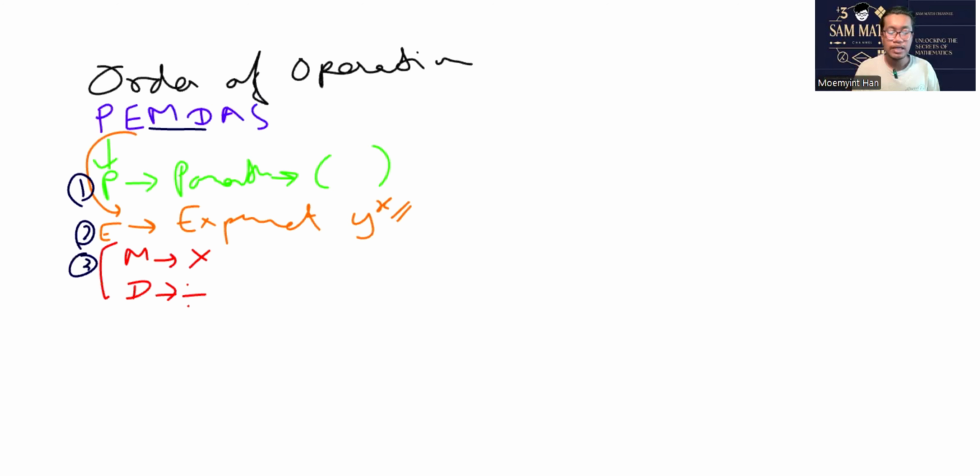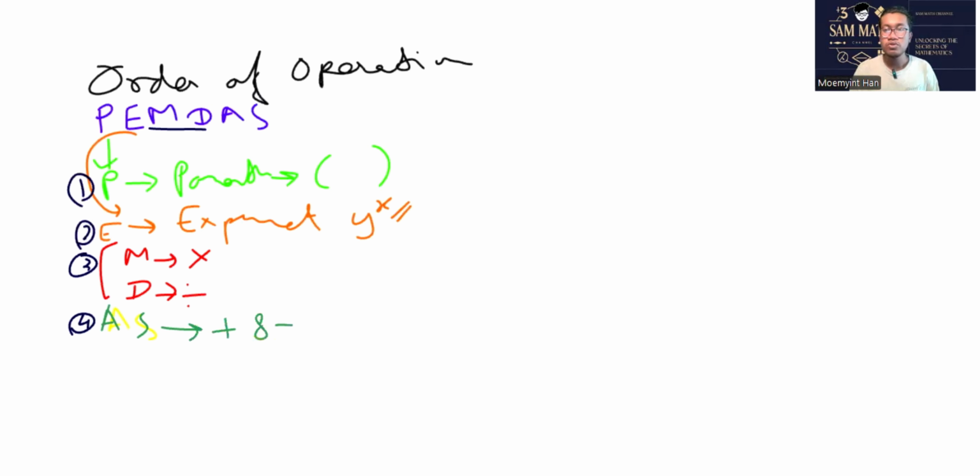So after multiplication and division, we have A and S. I'm going to use green here. A and S stand for addition and subtraction. This is the lowest level in terms of order of operation.